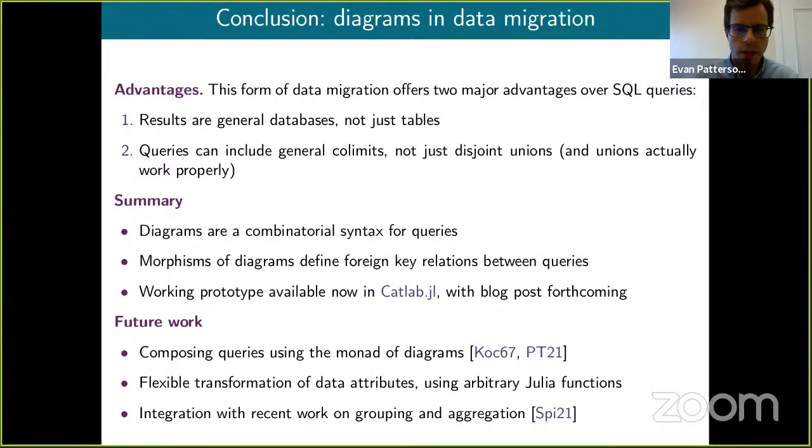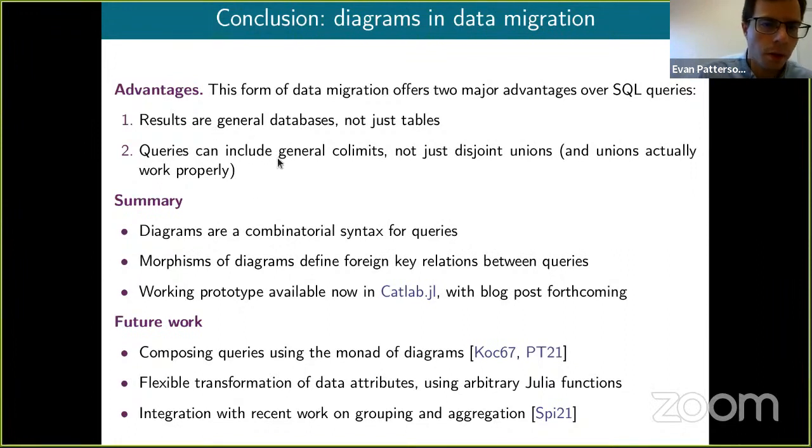SQL queries take a database and give you back a table, but then having gotten the table, you've left the relational framework, and so you can't compose queries in any straightforward way. The nice conceptual thing about data migration is it takes you from a database to a database. So one can think about composing queries, and one remains in the same world that you started in after doing a query, which is very nice.